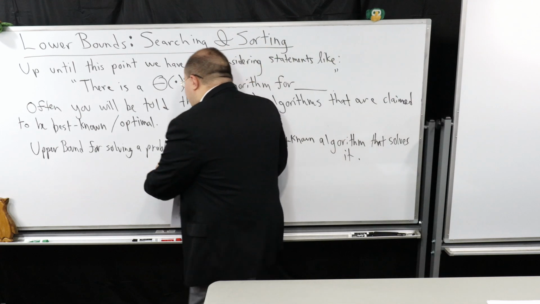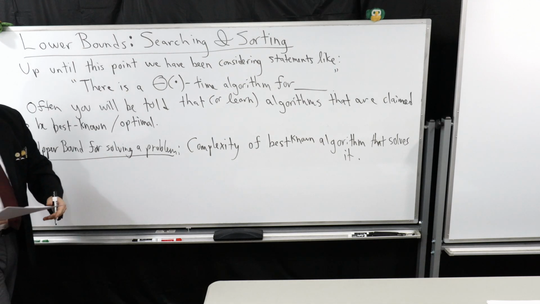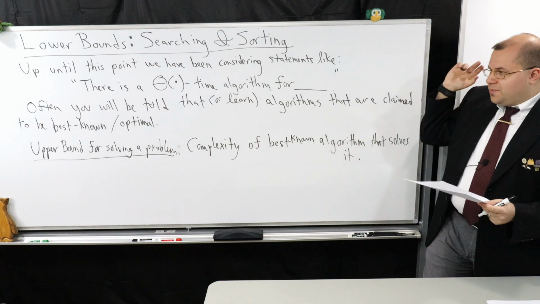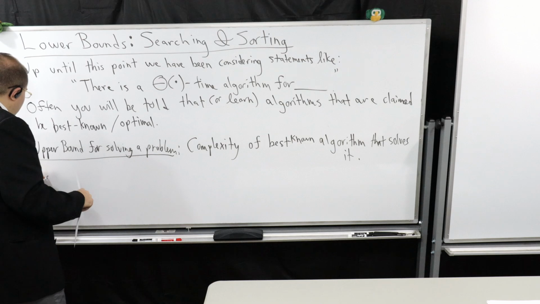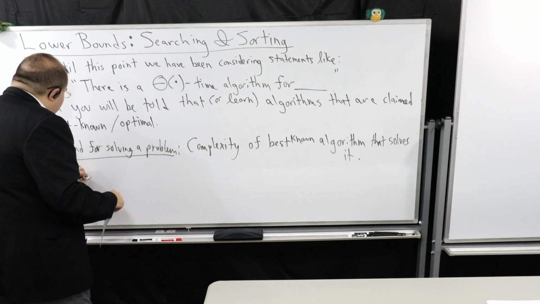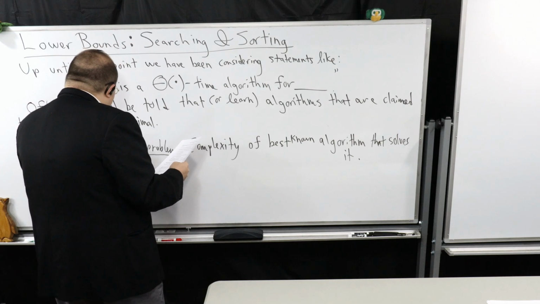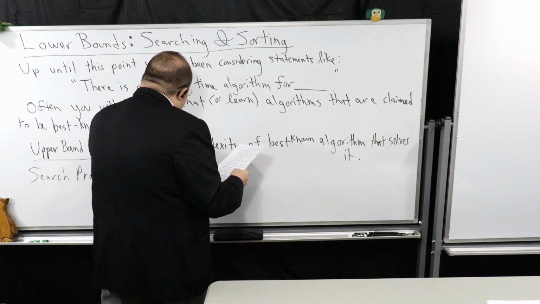So whenever somebody tells you we're talking about the best known algorithm to solve a problem, there are many examples I could point to of problems that you're familiar with. For example, we talked about the search problem. Imagine I give you the search problem, and I give you an array L, and its length is n.